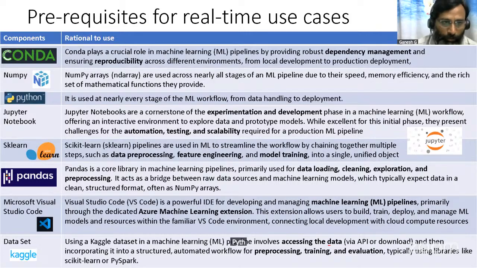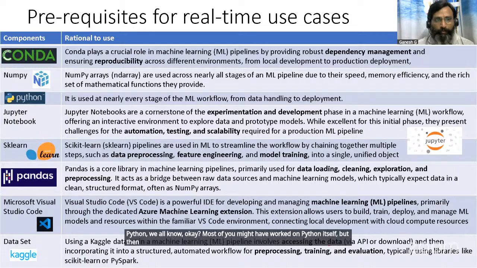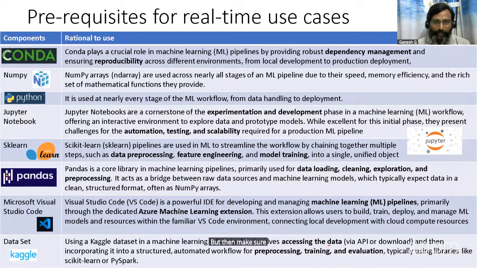Python, we all know, most of you might have worked on Python itself. But one thing to think about: you can have multiple Python instances within your environment, but make sure that you have a Python within Conda itself where it is restricted.